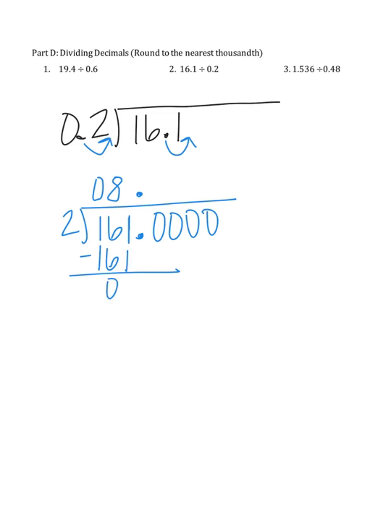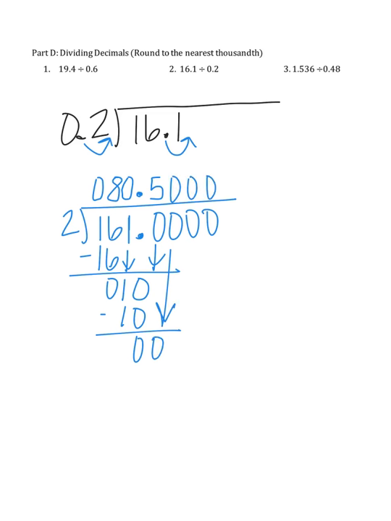Bring down our 1. 2 goes into 1 0 times. Bring down our 0. 2 goes into 10 5 times. And we can see at this point we would have zeros as we continue to divide.